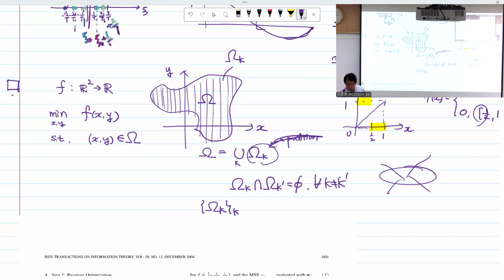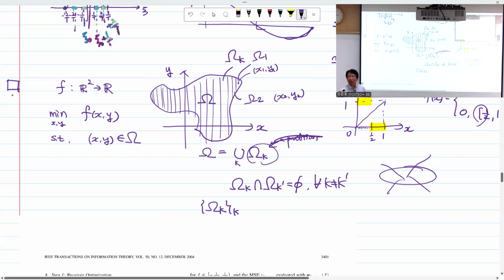Now, what you do is that you find some point x1, y1 in omega 1 that minimizes this value. Suppose you can do that. And also for omega 2, the second subset, you find x2, y2 that minimizes the value. Got it?